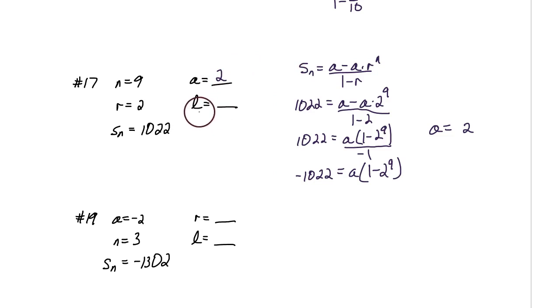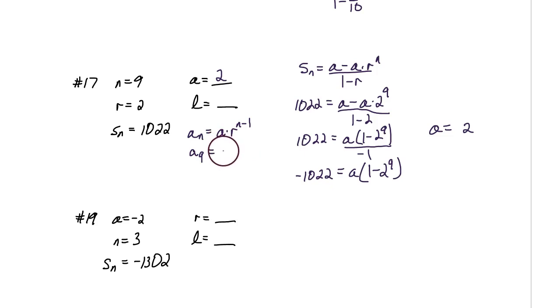The other thing we need to know is the letter L, the last term of the sequence. Let's use our general term formula. A sub n equals the first term times the value of r to the n minus 1. We're given that n equals 9, so we can find the ninth term, which is the last term in the sequence, if there are 9 terms.